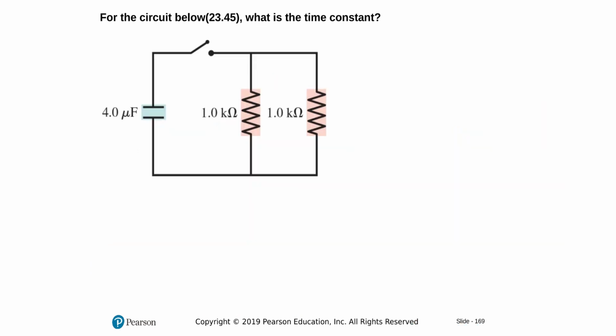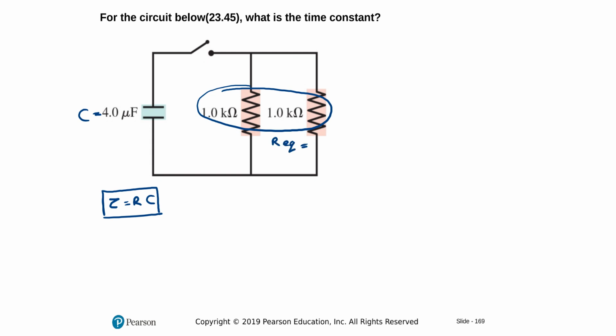Alright, one more question and we'll be done with this video. For the circuit below, what is the time constant? Tau is R times C, the general form. This is my C here, but I have two resistors, so I'm going to find R equivalent and simplify it. Two parallel resistors are added in this way.